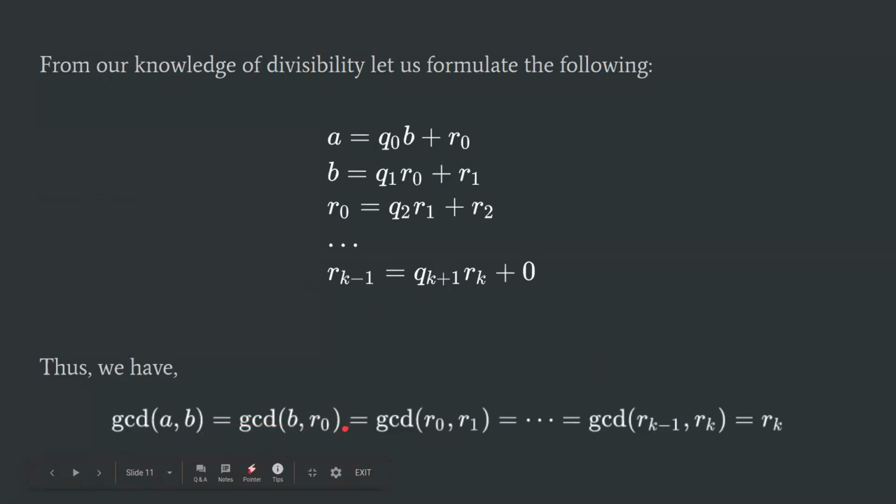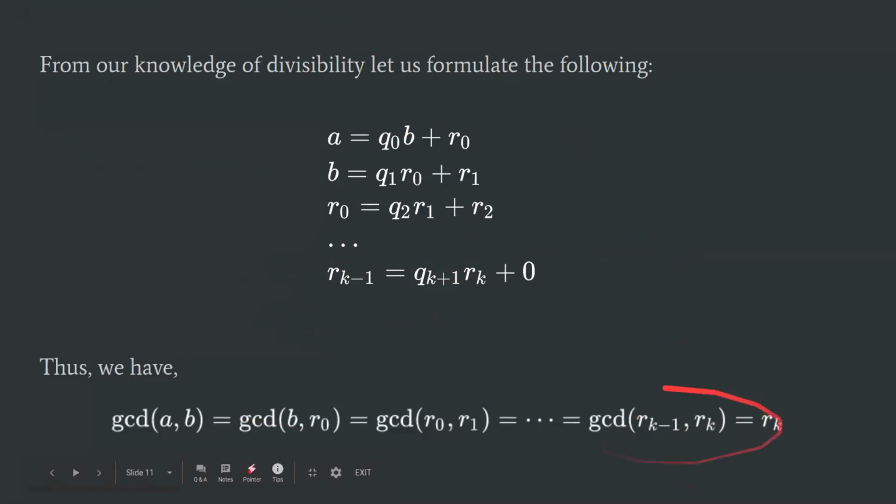How did you get that the GCD of rk minus 1 and rk minus 2 is equal to rk? So how can I write rk minus 2? I can write rk minus 2 is equal to some q times rk minus 1 plus rk, right? Now we know that the greatest common divisor that divides rk minus 1 and rk is rk, right?